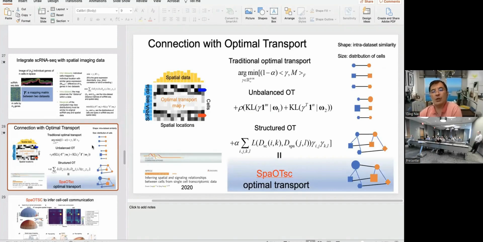We have another major effort following up this approach by adding more prior knowledge and physical constraints. For example, competition between two ligands and one type of receptor cannot be directly incorporated in the existing optimal transport method, but we're developing it.